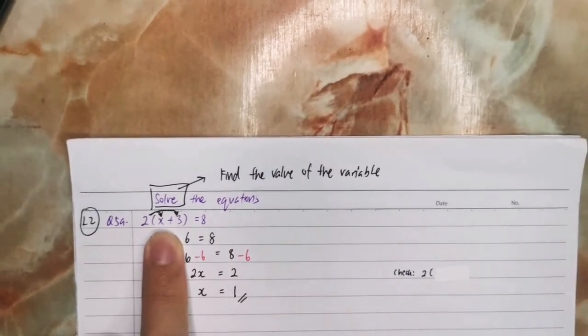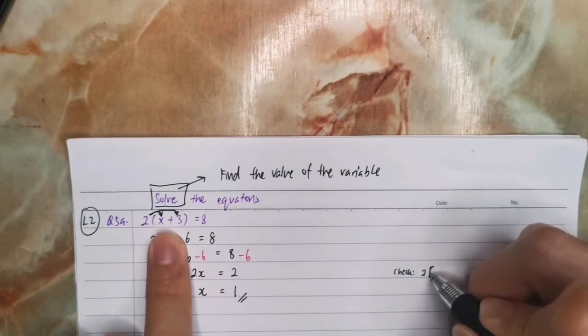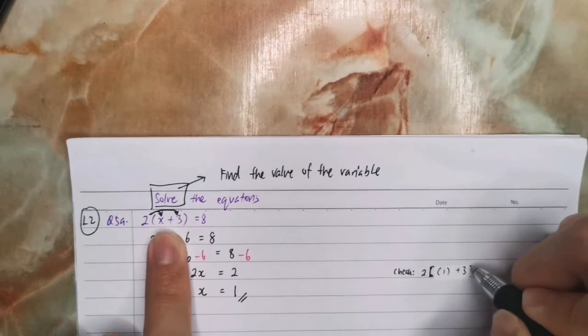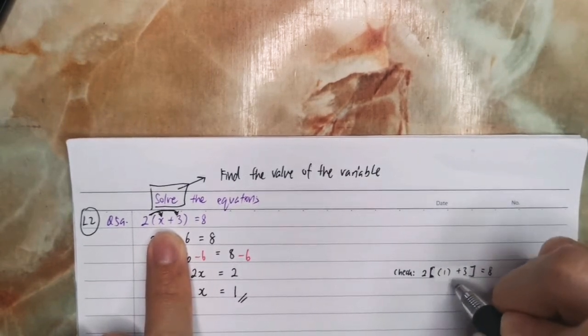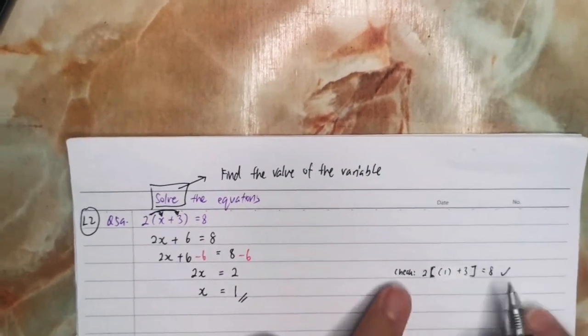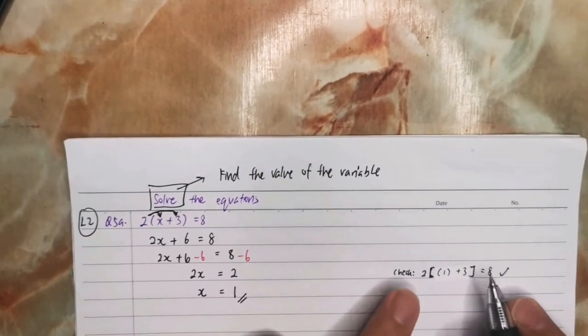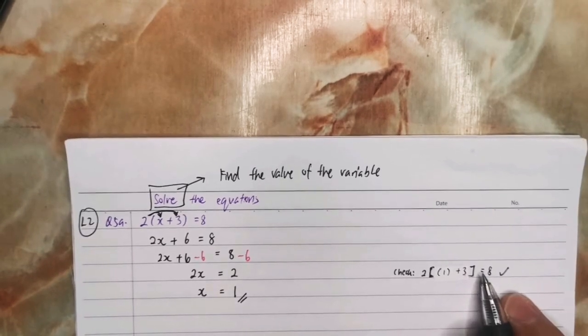Whenever you want to replace the value, you need to put a bracket. So let's check. 1 plus 3 is 4. 4 times 2 is 8. So it's correct. This check here, you don't need to write it down in your answers. It's just for you to check your answers. I write it down so that you can visualize better.